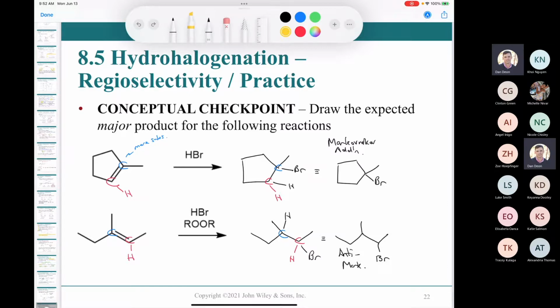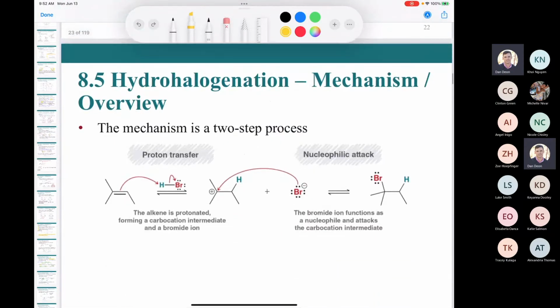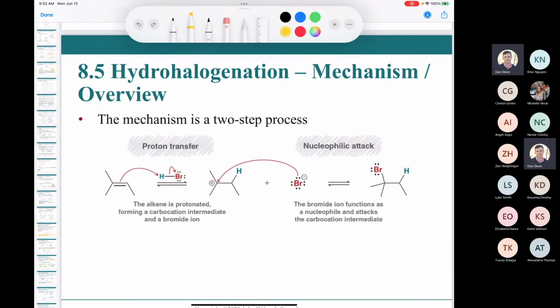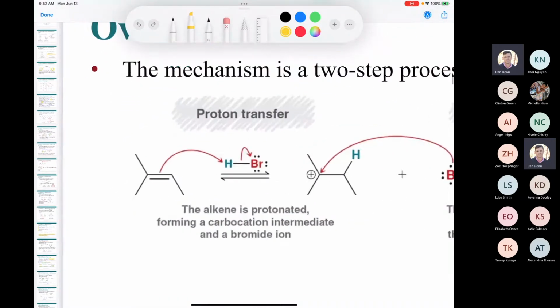Why is it that we get Markovnikov addition? Do you guys remember carbocation stability? Because that is going to give you the answer. Check this out. The first step in the hydrohalogenation is a proton transfer, right? Our alkene is acting like a base. This is an acid. So we have a proton transfer in the first step, and we end up forming a carbocation. Now notice that this is regioselective, right?